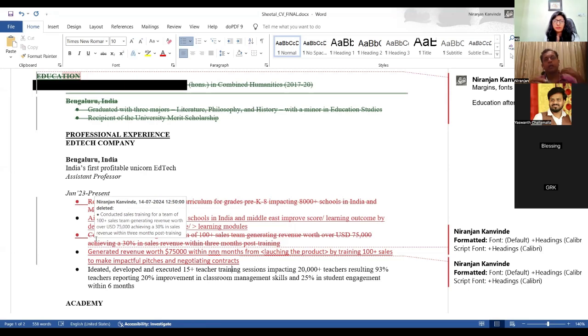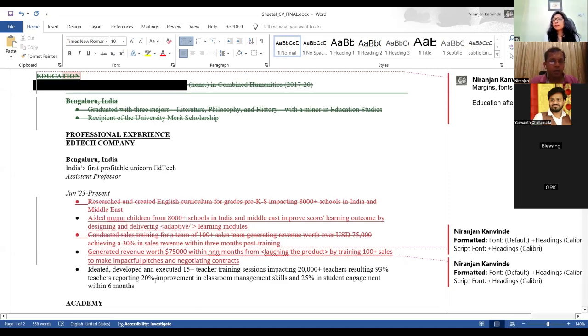Your reader doesn't care about chronological sequence. So highlight what is most important in context to your goals.